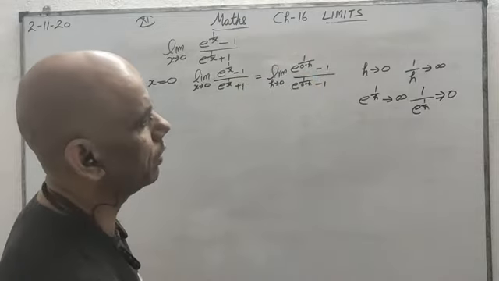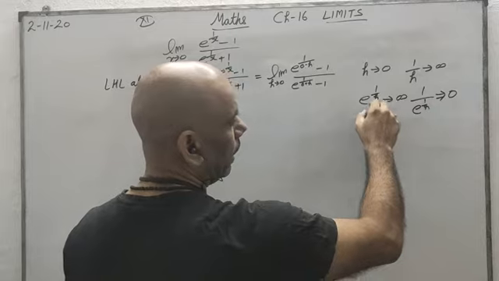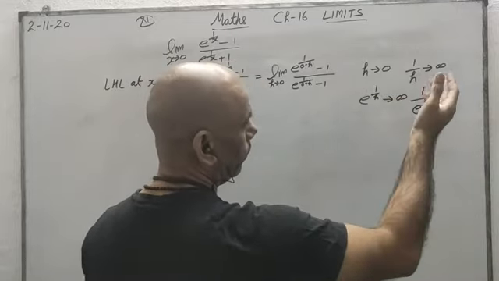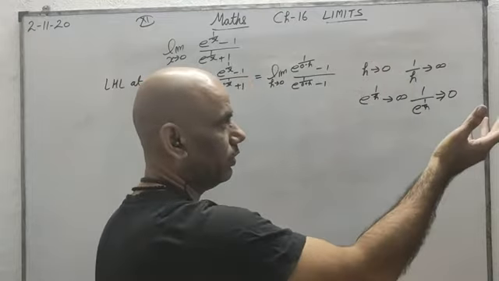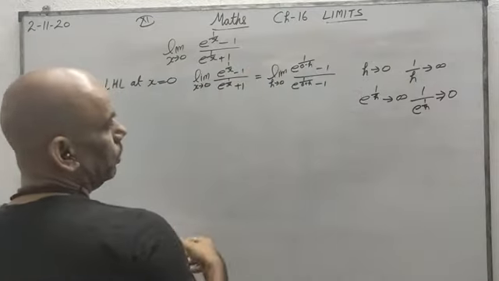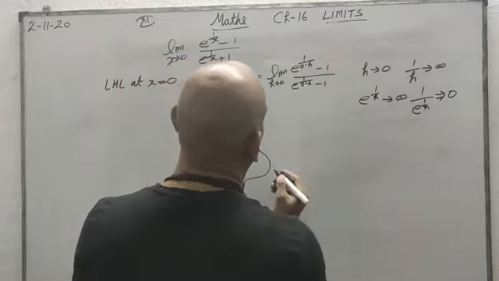So you will have to understand that when h tends to 0, 1 upon h will be infinite, and in that case e to the power 1 upon h will be infinite. E to the power infinite is infinite, and in that case 1 upon infinite will be 0.